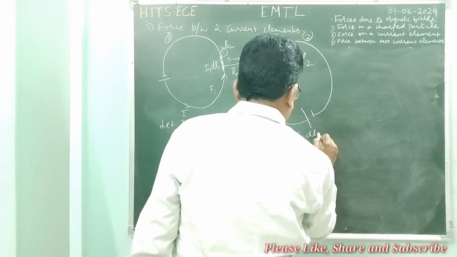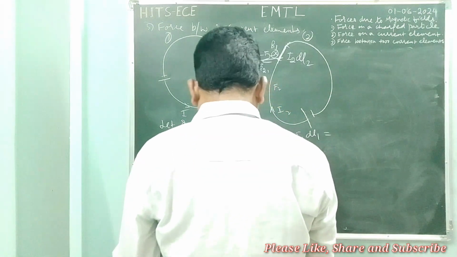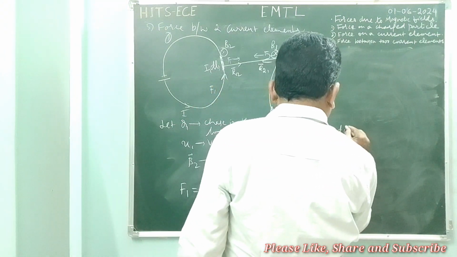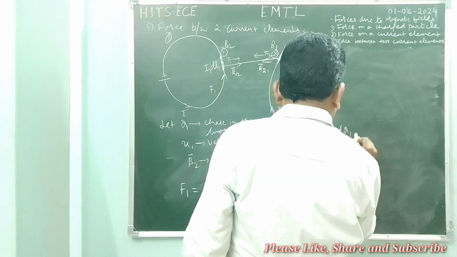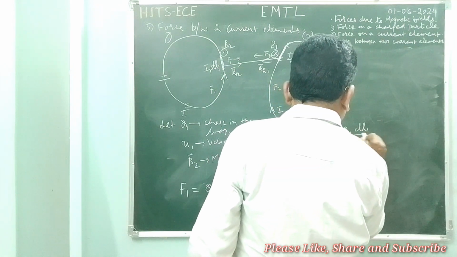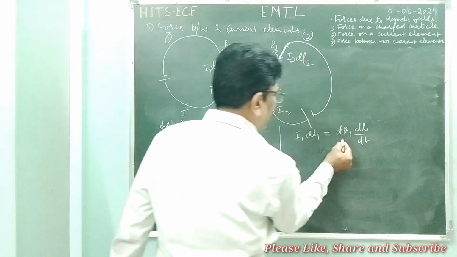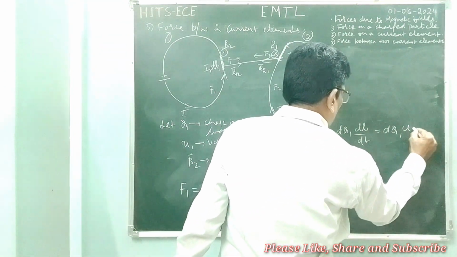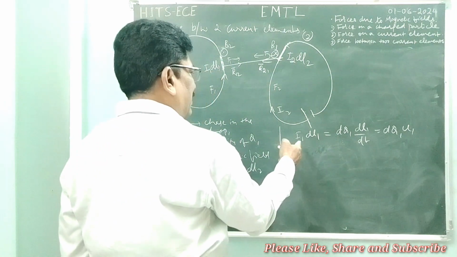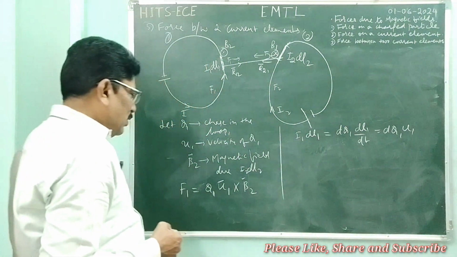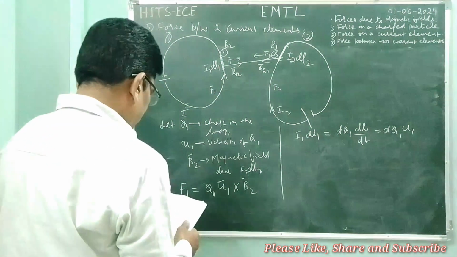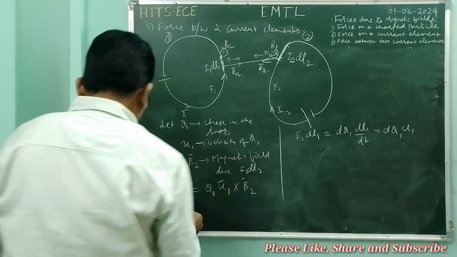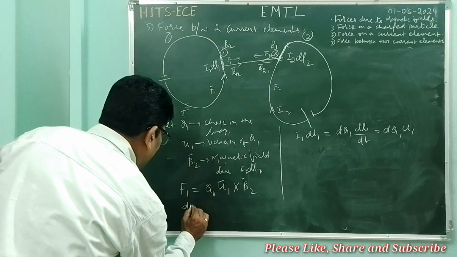I1 dL1 is equal to dq1 by dt into dl1, which is equal to dq1 u1. So I1 dl1 is equal to dq1 u1. So here, what is dF1?